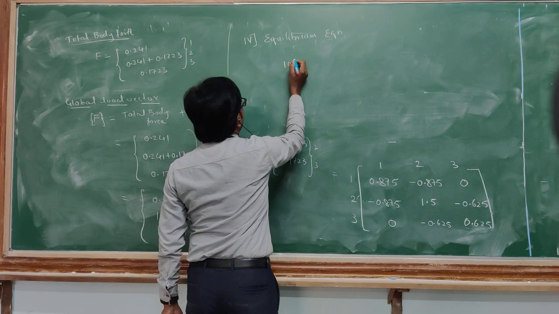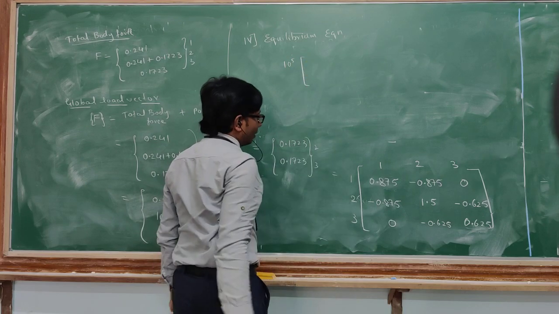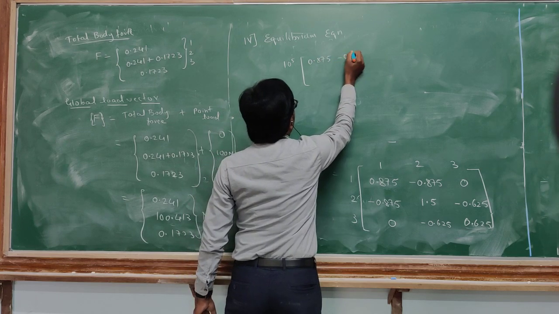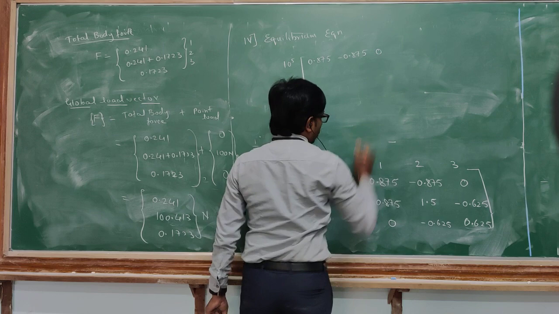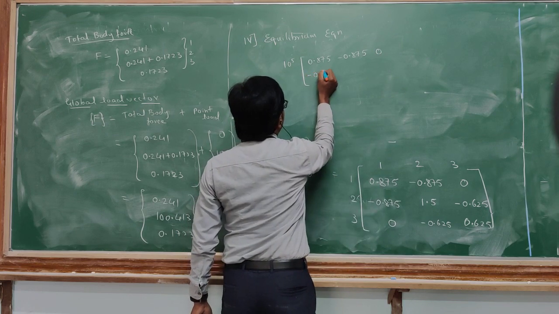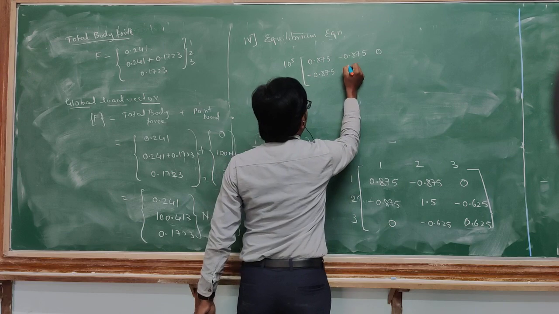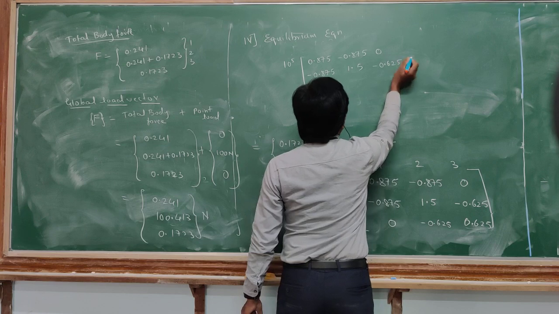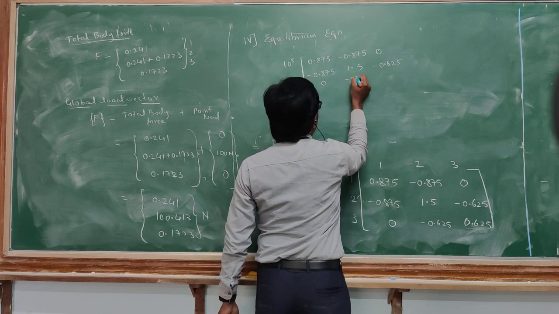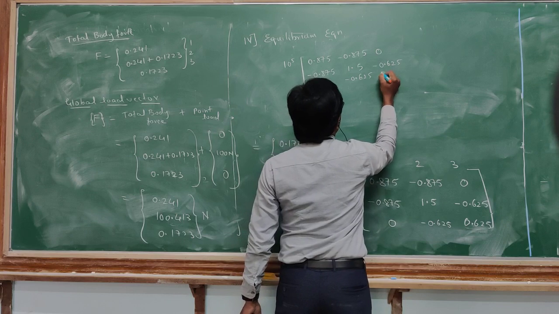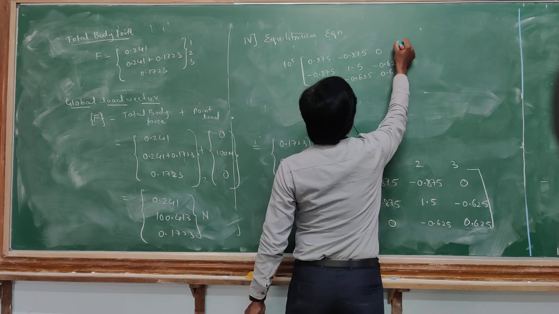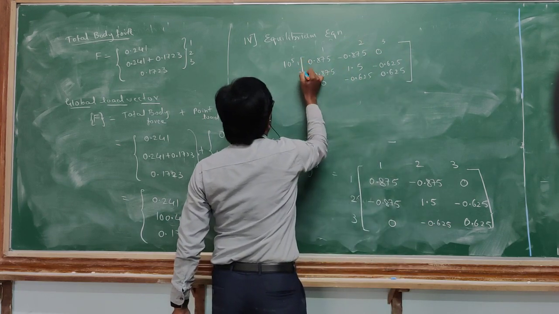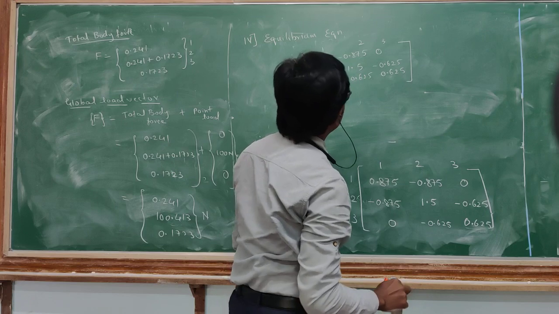K is the global stiffness matrix, 10 raised to 5: 0.875, minus 0.875, 0; minus 0.875, 1.5, minus 0.625; 0, minus 0.625, 0.625. This is first, second, third. So this is the global stiffness matrix.